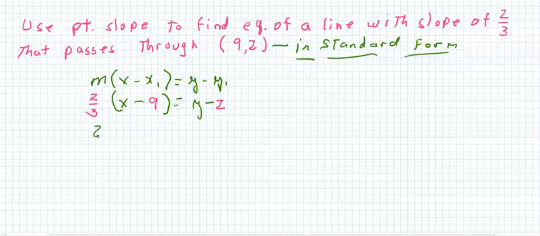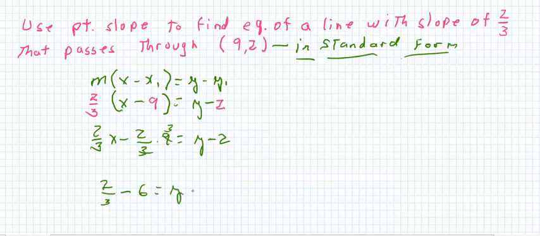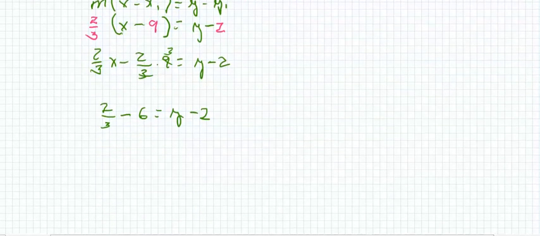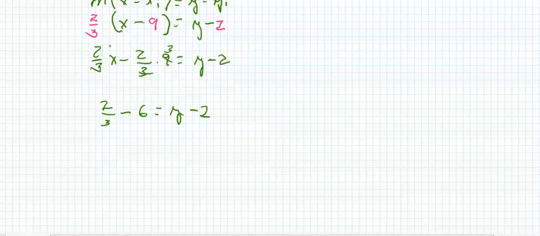Distribute the 2/3: 2/3 x minus 2/3 times 9 equals y minus 2. 3 goes into 9 3 times, and we have 2/3 x minus 6 equals y minus 2. When we kill the fraction, first thing, and almost everyone did it right on the test, is distribute. We distribute before we kill it.